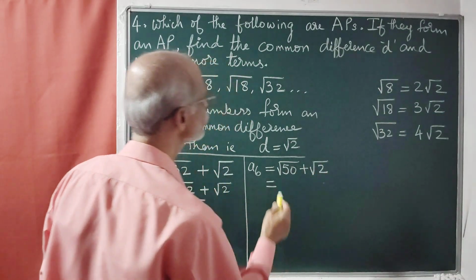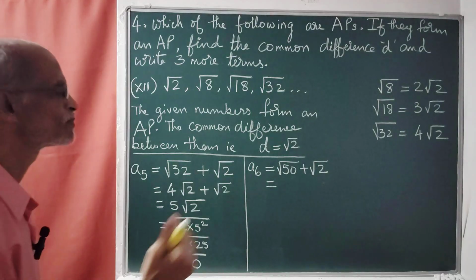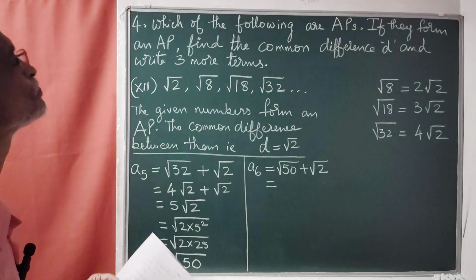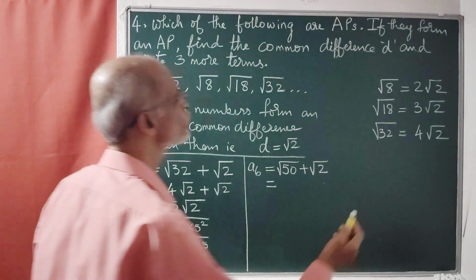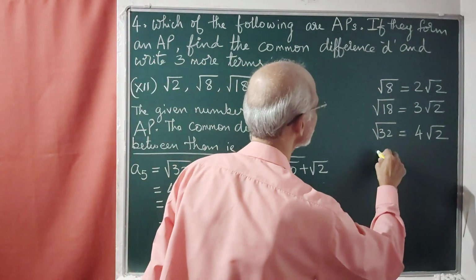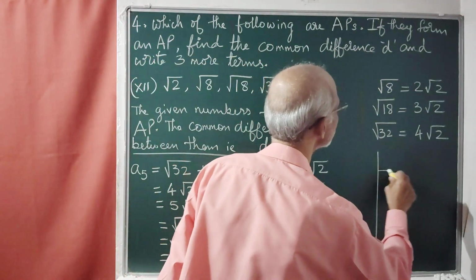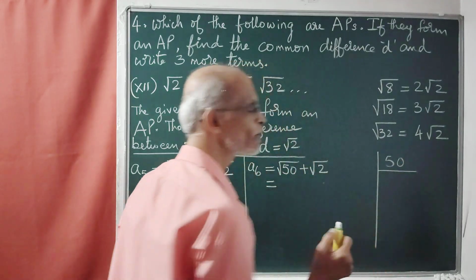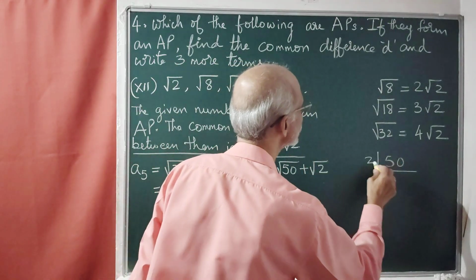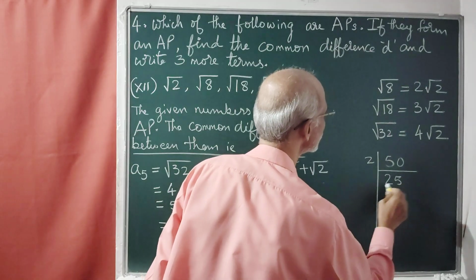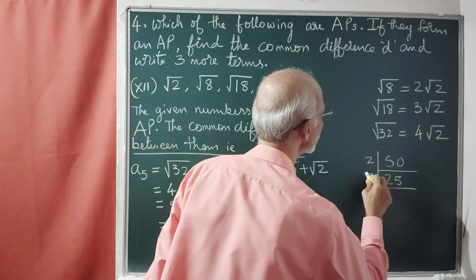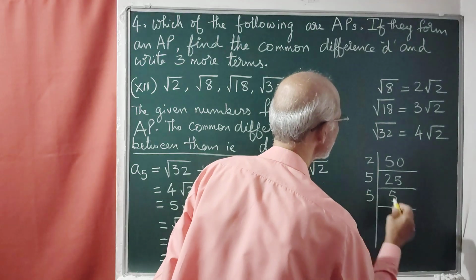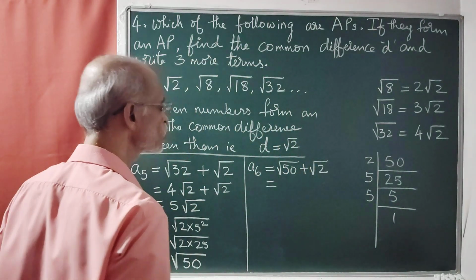To add root 2, we have to write root 50 in the simplest form. To do that, we will find the prime factors of 50. Divide with the prime numbers. 2 25s are 50. Now 5 5s are 25, 5 1s are 5.